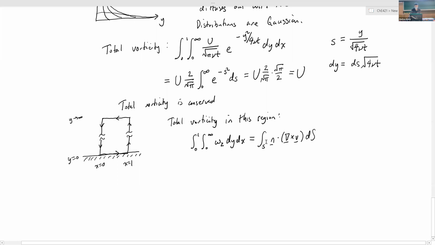This works out in this case because n here is just equal to e_z, right? Remember, in Stokes' theorem, it's the normal vector to that surface, according to the right-hand rule. And so the normal vector here is just e_z. And so e_z dot del cross v is just omega_z in this case. Well, by Stokes' theorem, this is equal to this.